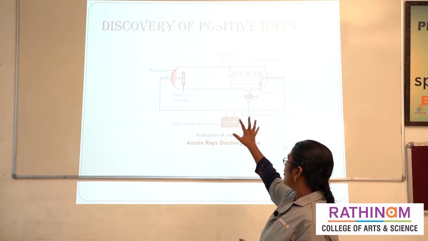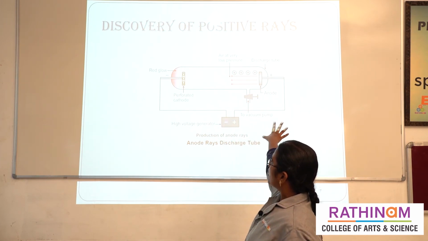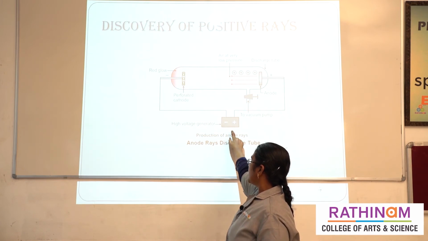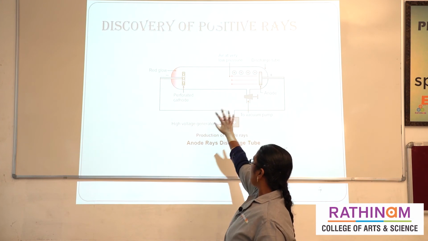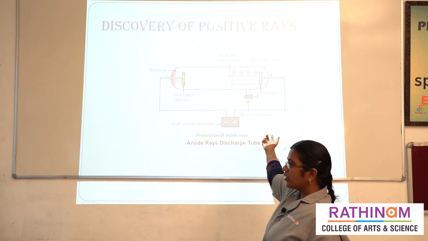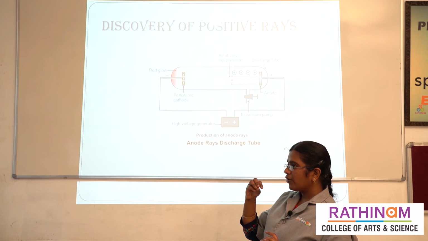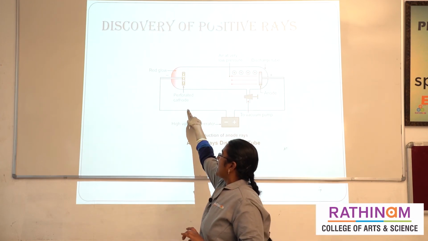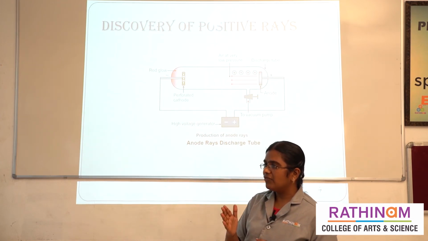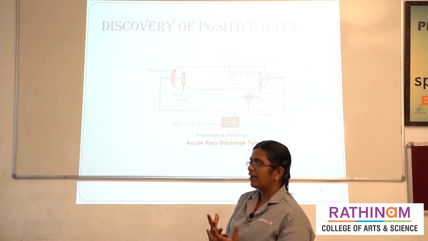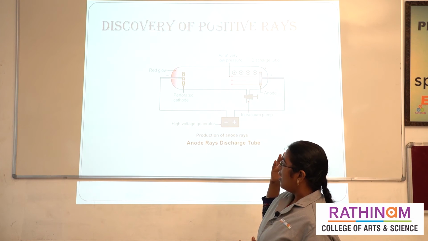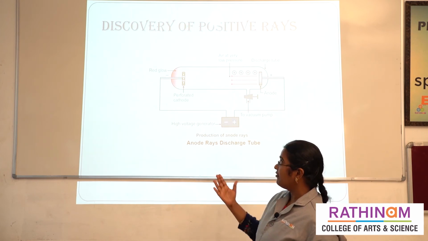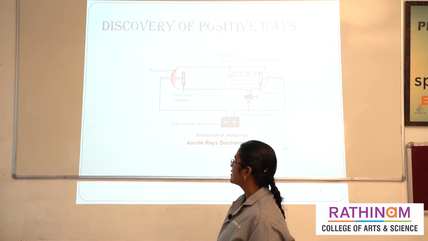Here also we have two terminals, one cathode and one anode. With a high voltage generator, we generate a high potential between the cathode and anode. At the anode terminal, a stream of ions is produced and moves towards the cathode, and finally ends up at a fluorescent screen, generating a glow in that screen. Using that we can confirm the production of positive rays.